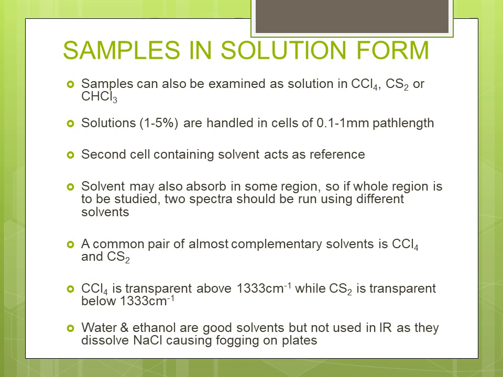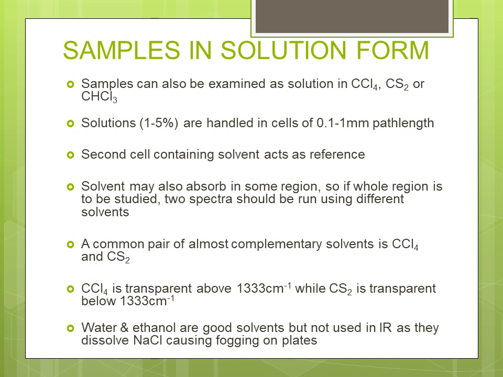So if the whole region is to be studied, then we have to run two spectra of the samples prepared in two different solvents. A common pair of almost complementary solvents is carbon tetrachloride and carbon disulfide. And how are these complementary to each other?